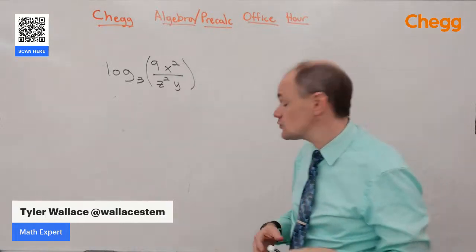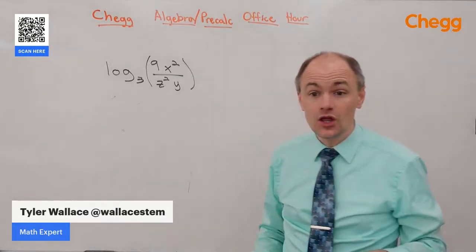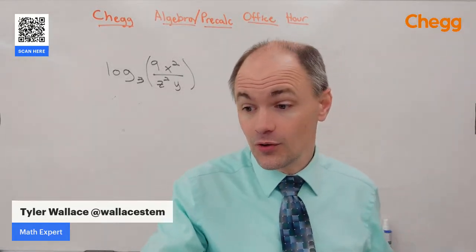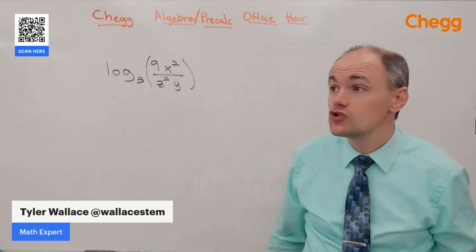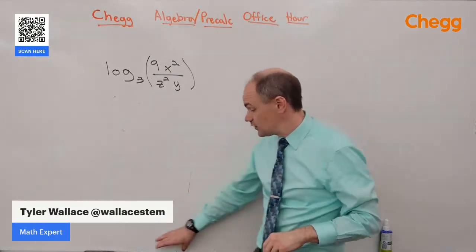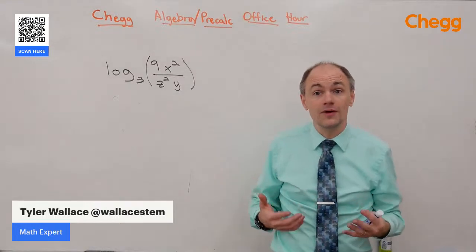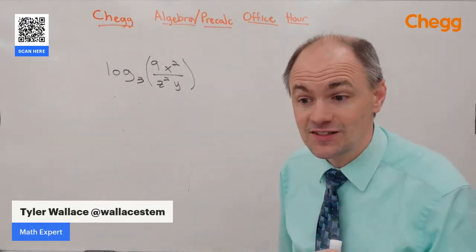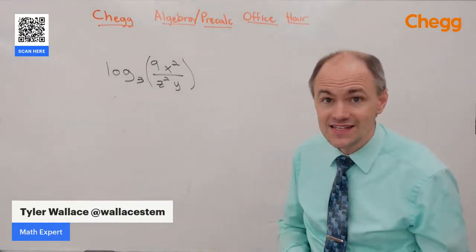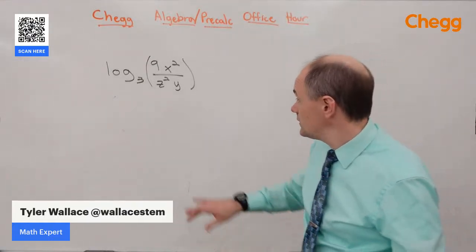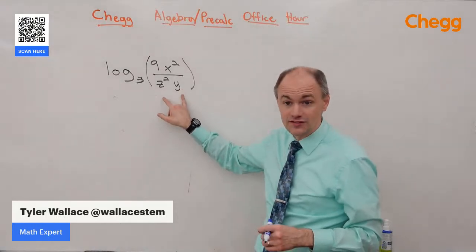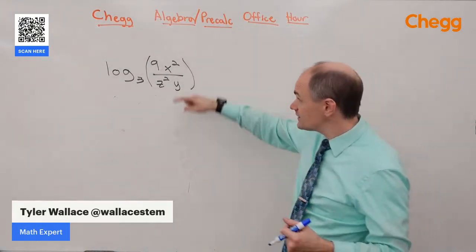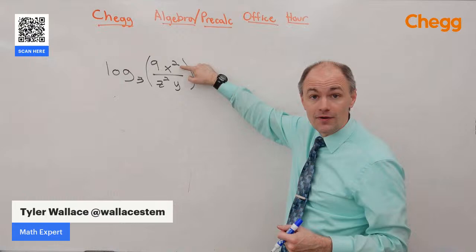But when you get to calculus, expanding logs is going to make a lot of problems a lot easier to solve and work with. Remember what I told you earlier about logarithms, for those of you that were here. A log is an exponent. If a log is an exponent, we can treat these like exponents. Positive exponents go to the top.